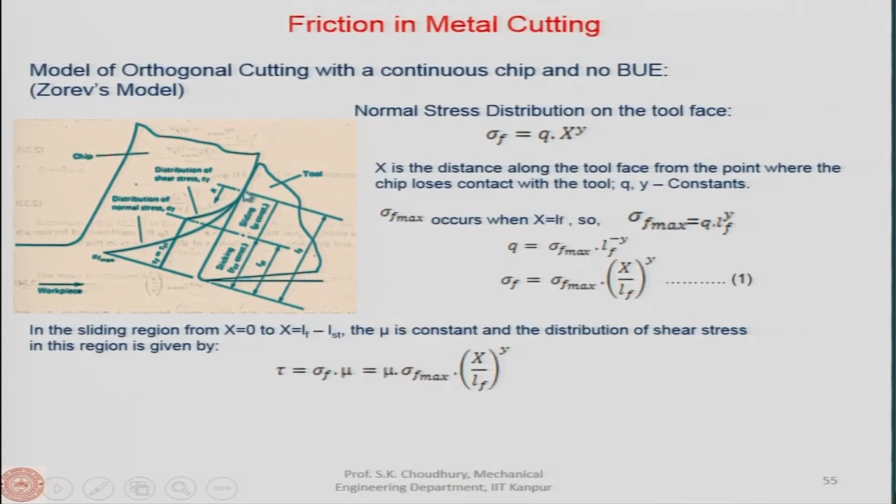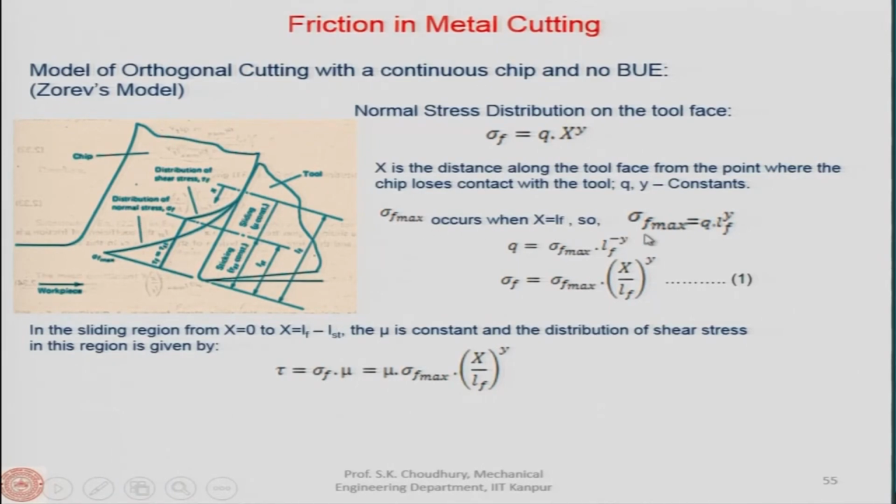As I said, x is 0 here, and as you come towards the tool tip the x value increases. So, x is maximum where x is equal to L_f. So, sigma_f maximum occurs when x is equal to L_f.